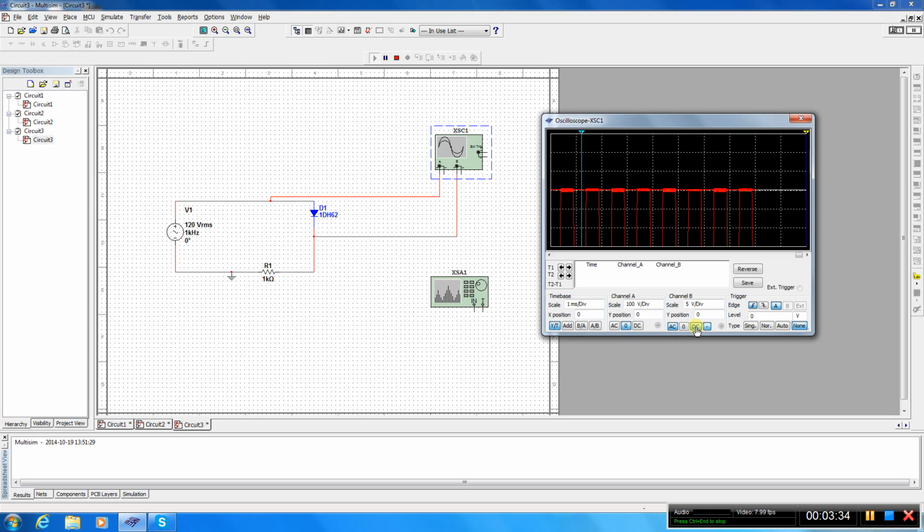That shows that our diode is not correctly connected, because we should have the opposite graphics.